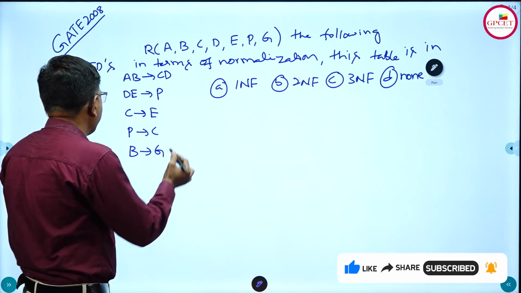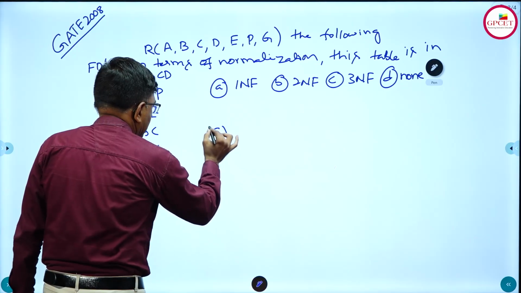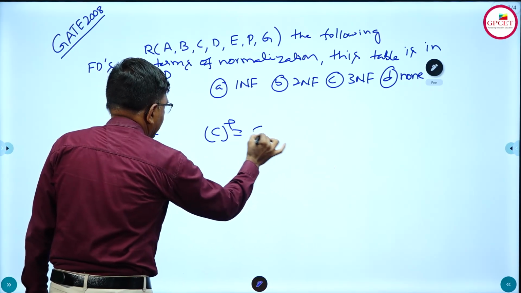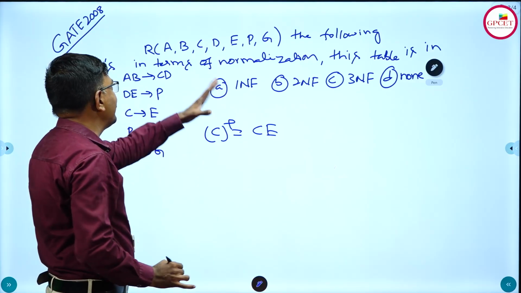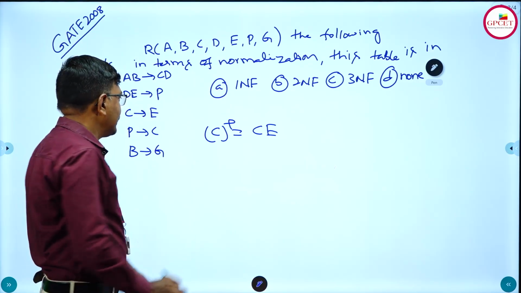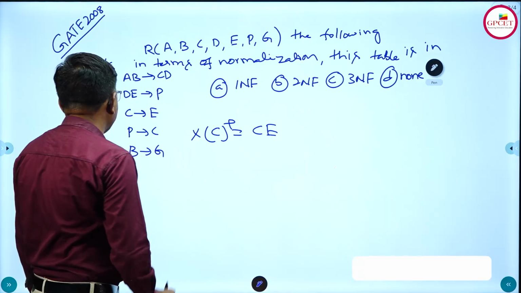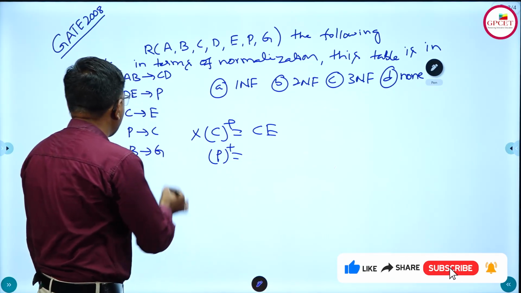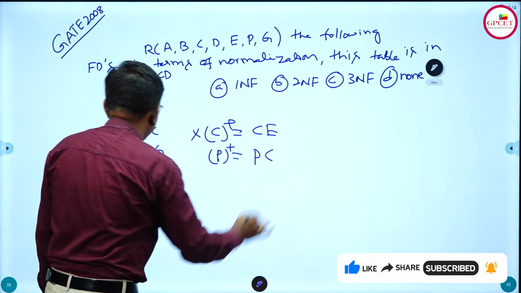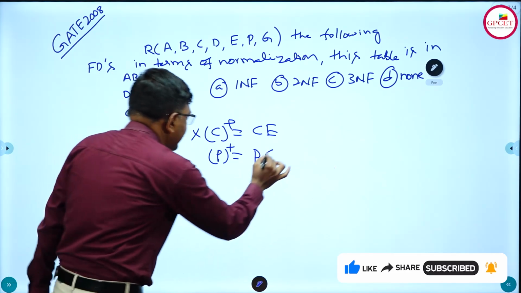What is meant by C closure? Suppose C closure, we can derive CE. We can't get the original values; CE only, the remaining attributes are missed. That's why C is not a candidate key. And then P closure: PC. C derives E.